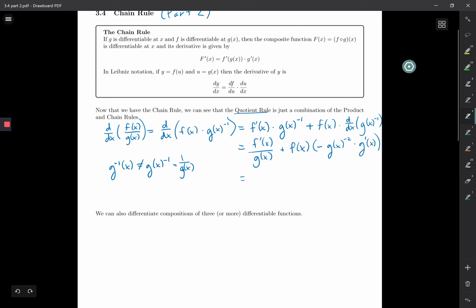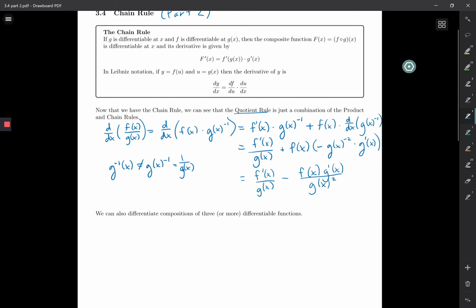Okay, so if we simplify, that negative will come out front, and we'll get f of x times g prime of x over g of x squared.